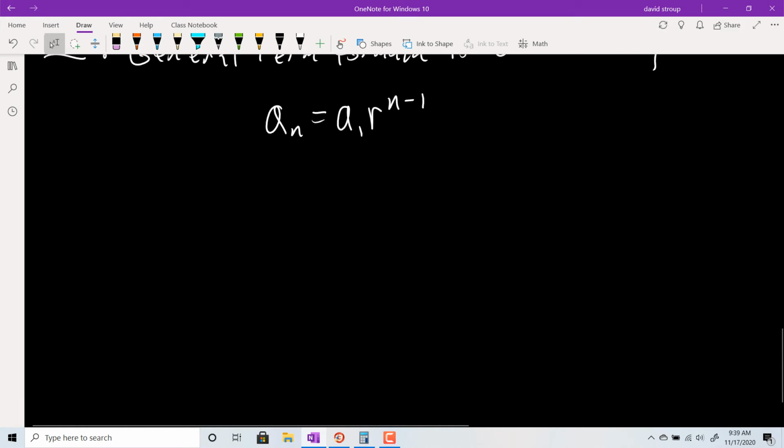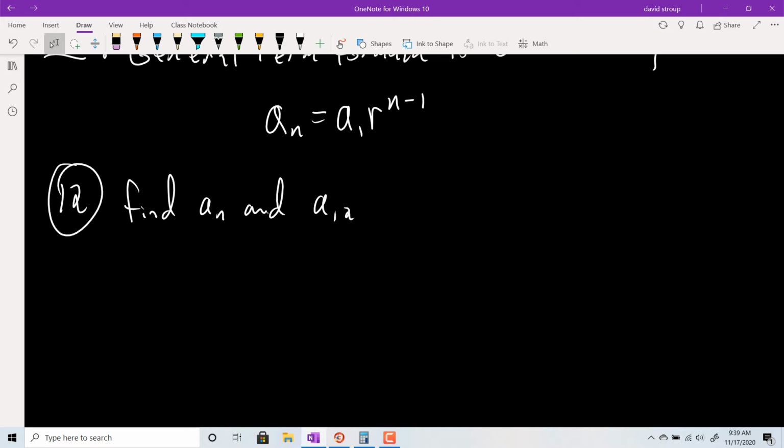Okay, so now we want to play around with this new formula. So first problem, find the general term formula, and then find a particular value, like a sub 12 or something. Okay. So number 12, find a sub n and a sub 12.